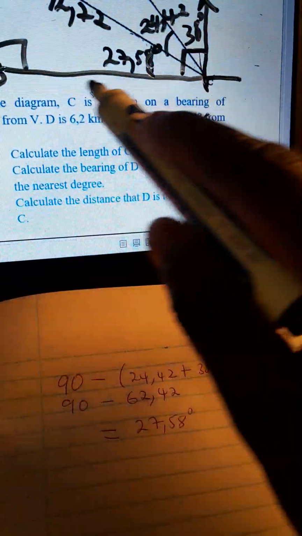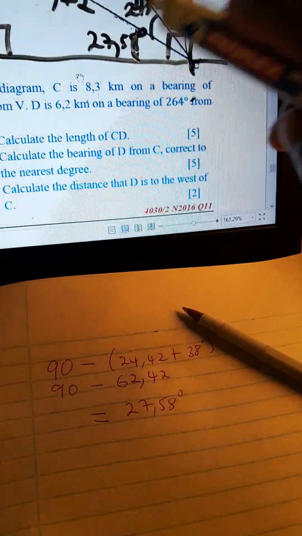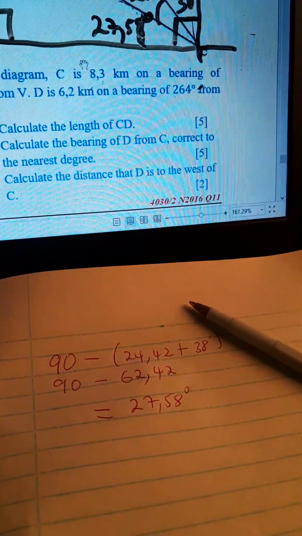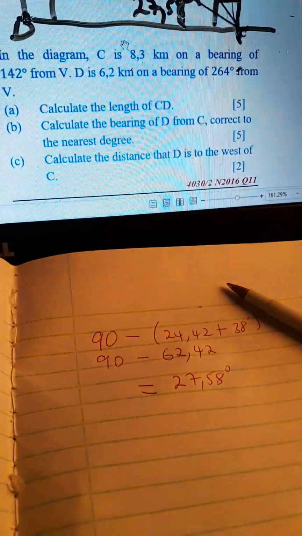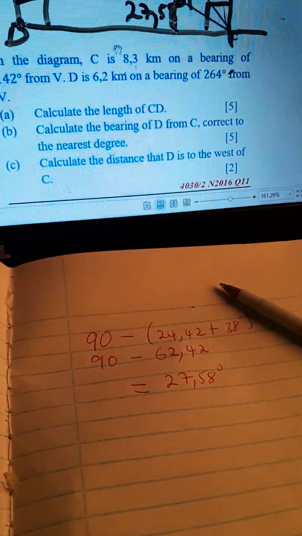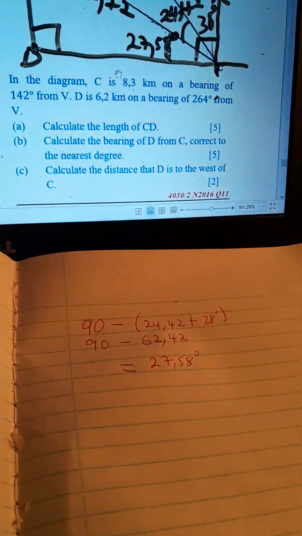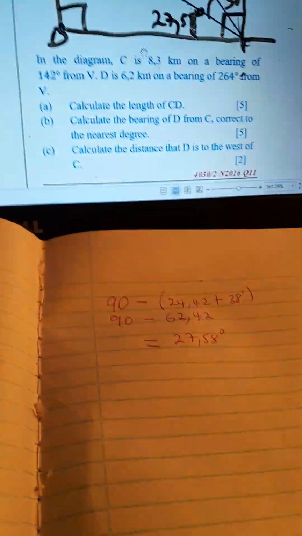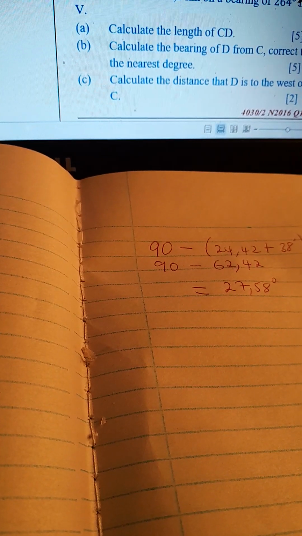Fine. But this side is adjacent to this angle, which is 27.58. Then we have the hypotenuse is given and the angle is given. The side is the adjacent. So the trig ratio which we have to use here is what? Right? Is cos.